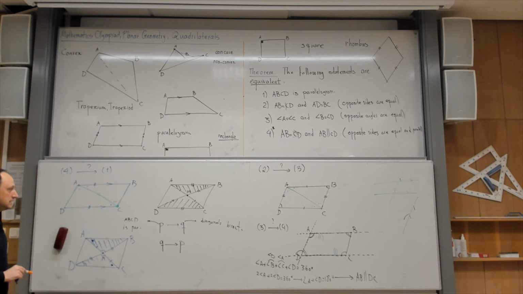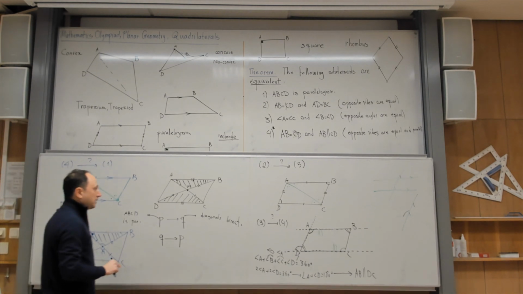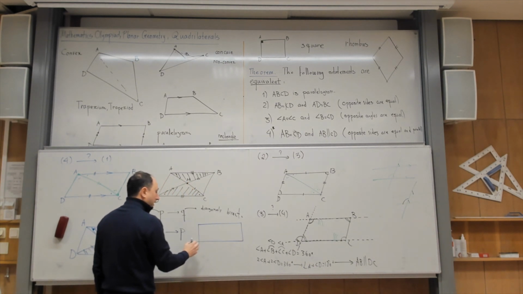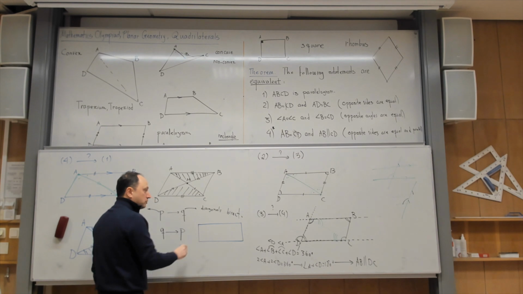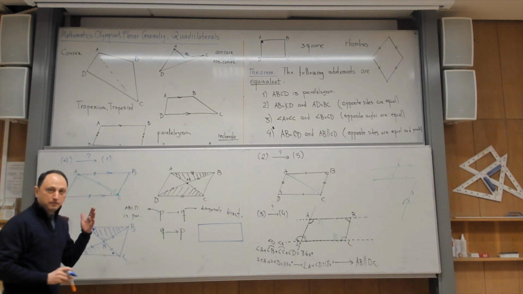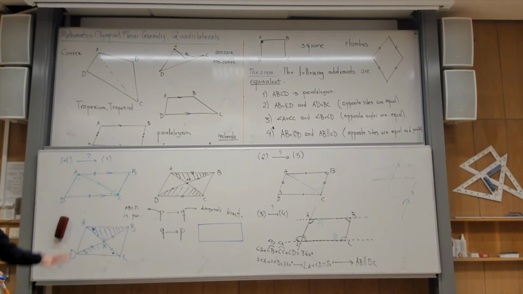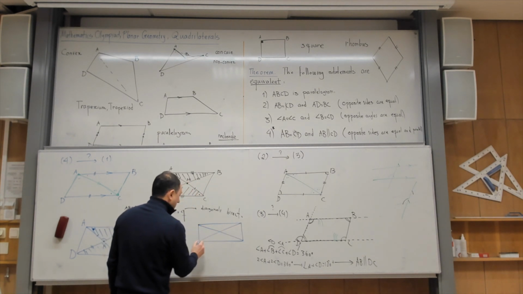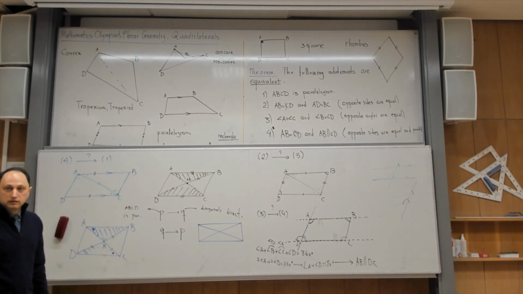Okay, so if I go to a rectangle, what happens? A rectangle is a parallelogram, so whatever you showed for a parallelogram is already there, but you might have extra properties. What can you say about the diagonals in a rectangle?